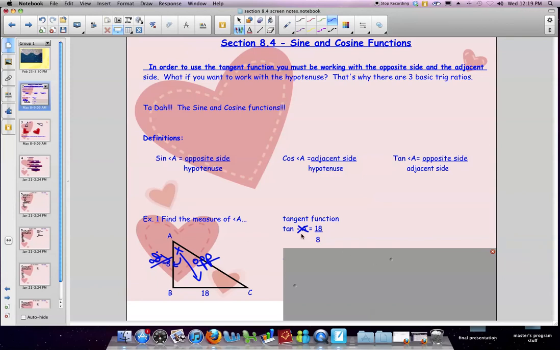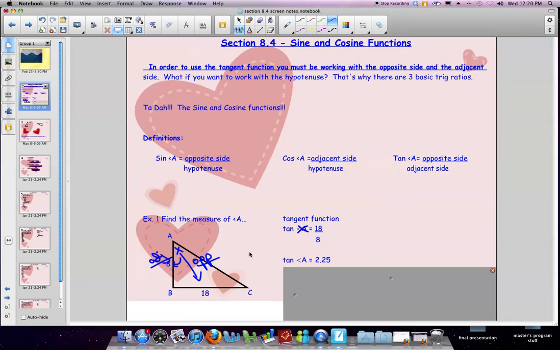A review from yesterday, when the angle measure is what you're looking for, you divide your two numbers, so I took 18 divided by 8, and I got 2.25. If the decimal goes out farther than that, then you'll want to write 4 decimal places out. But this one only goes 2 decimal places, so that's why I stopped.